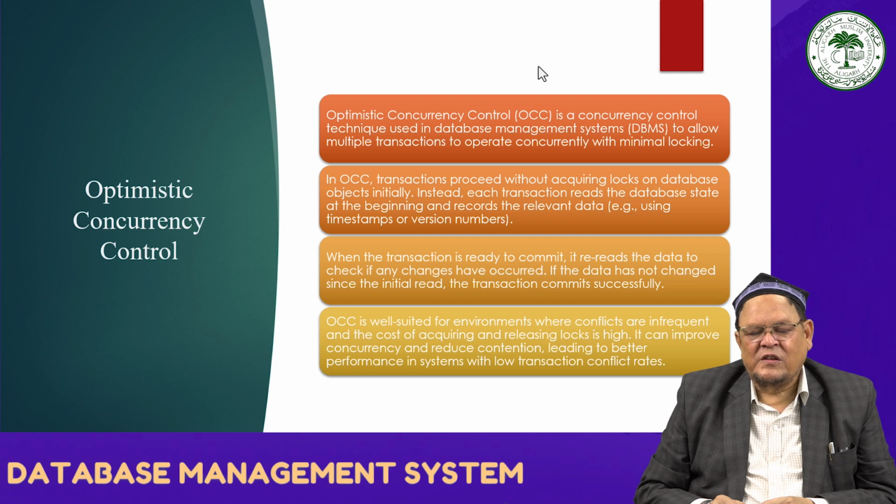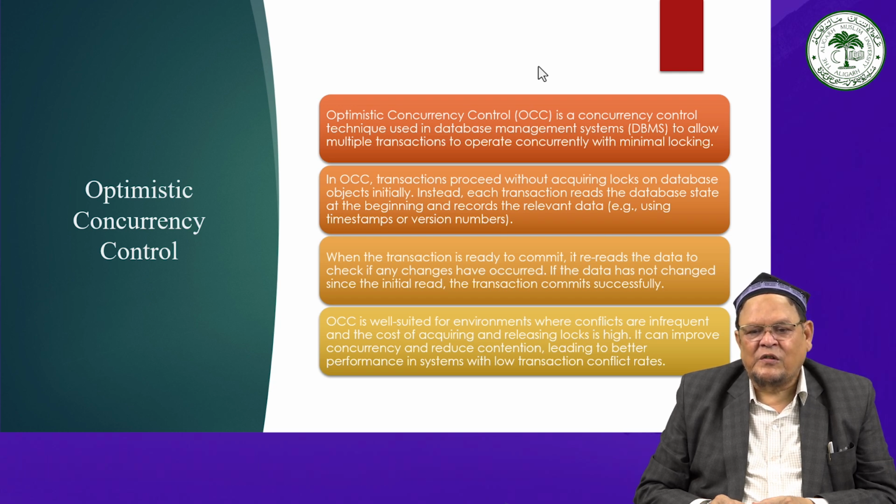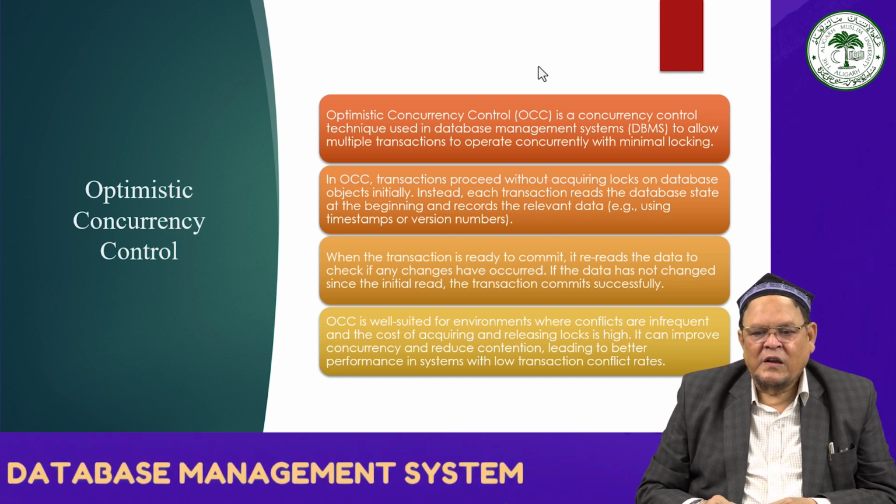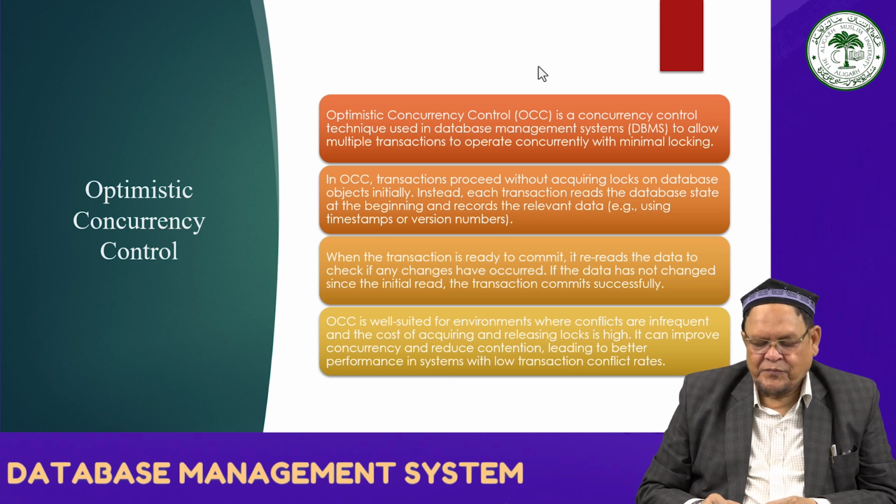Next, when the transaction is ready to commit, it rereads the data to check if changes have occurred. If the data has not changed since the initial read, the transaction commits successfully. So, optimistic concurrency control suits environments where conflicts are infrequent and the cost of acquiring and releasing locks is high.